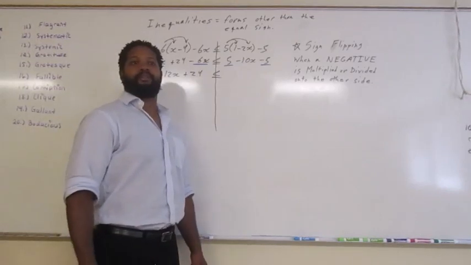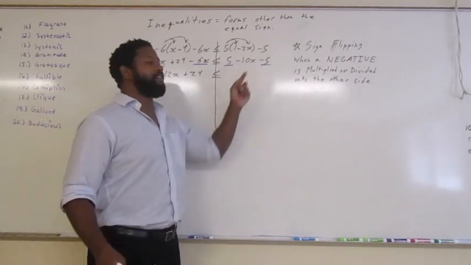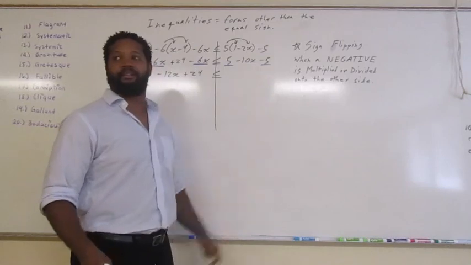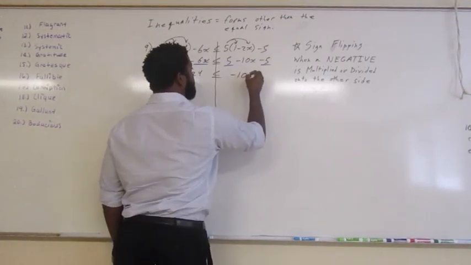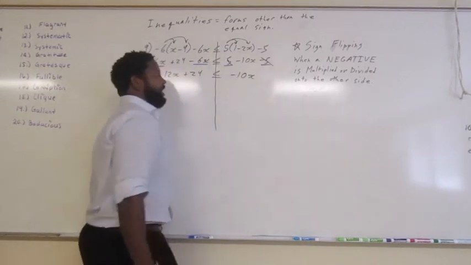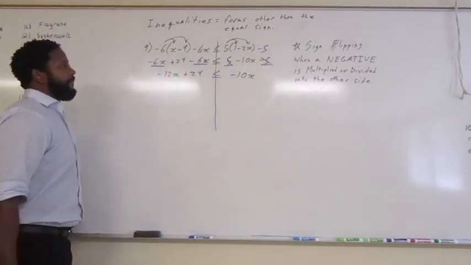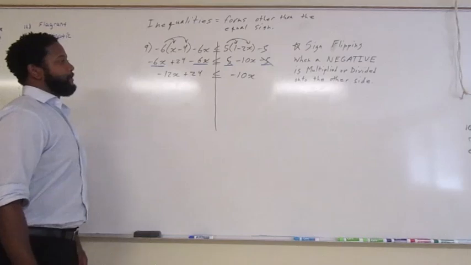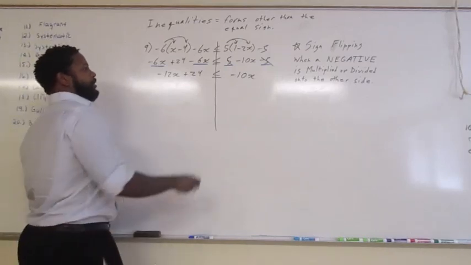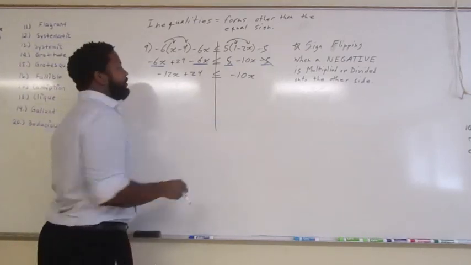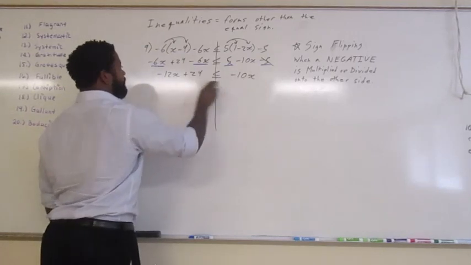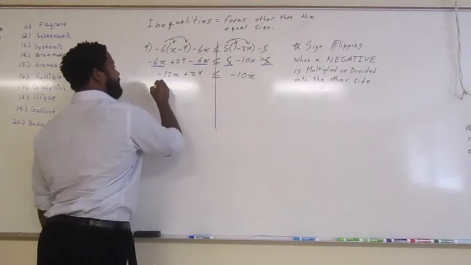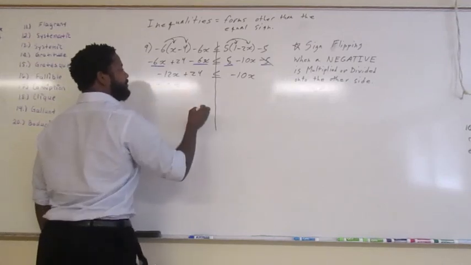5 minus 5. What's the second part down right here? Negative 10x. Good job. The 5s cancel out. You guys are doing number 9. Clearly, we have a negative 10x over here, so let's add that 12x.